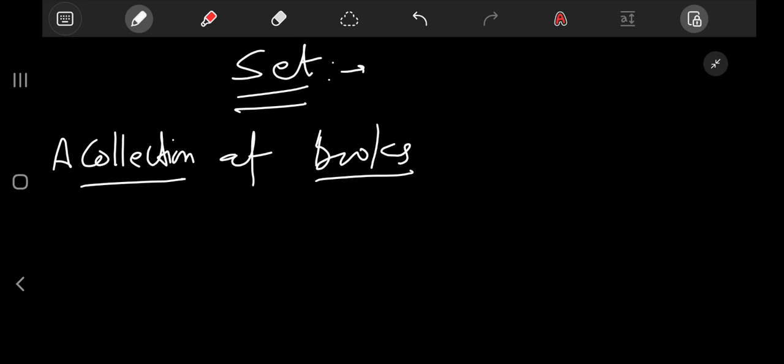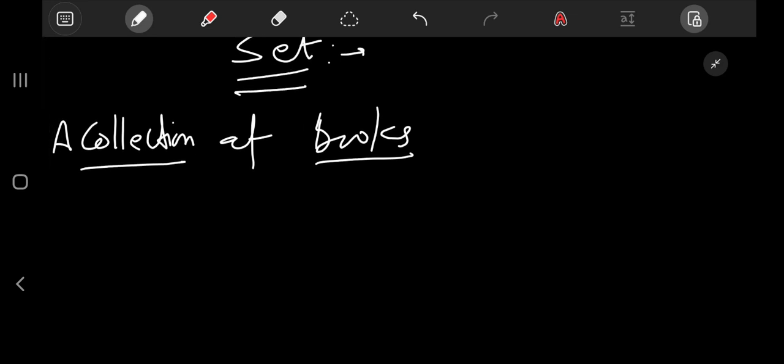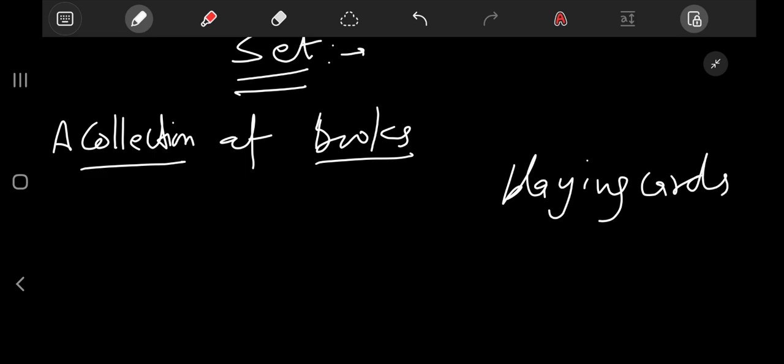Some books, groups of books we call a collection. But if we take some other things, like playing cards, we don't call 52 cards a group of cards or a set of cards.